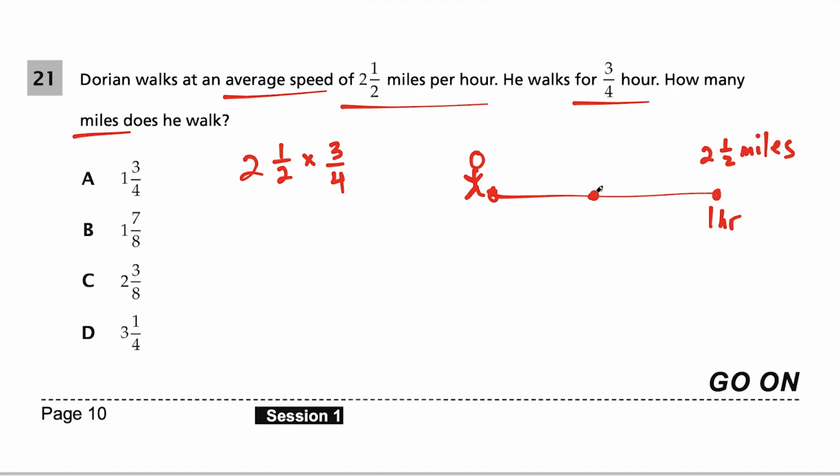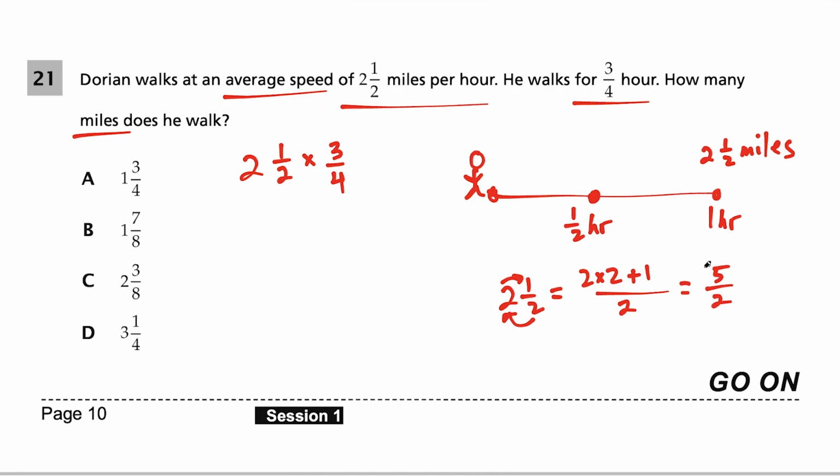So if we go to, let's say, the halfway point, that would be if half an hour went by, we would take 2.5 and we would divide it by 2. All right, now 2.5, I could convert this to an improper fraction by doing 2 times 2 and then plus the numerator value 1 over my original denominator is 2. And that gives me 2 times 2 is 4 plus 1 is 5 over 2.